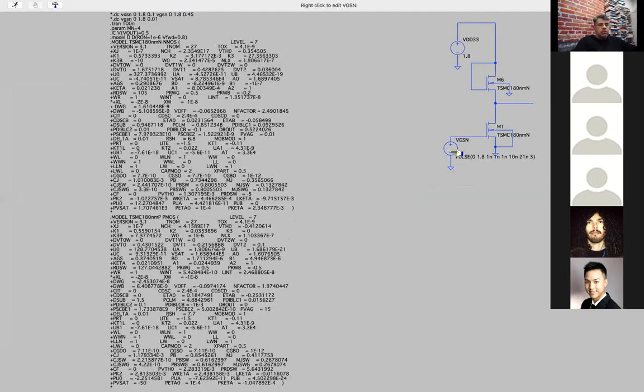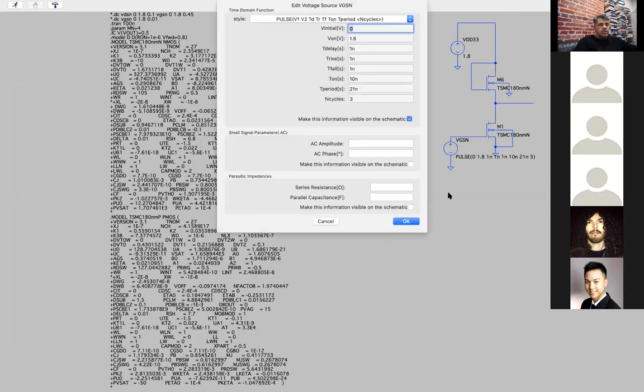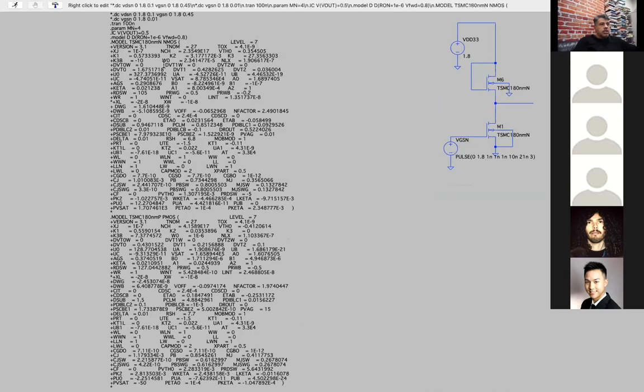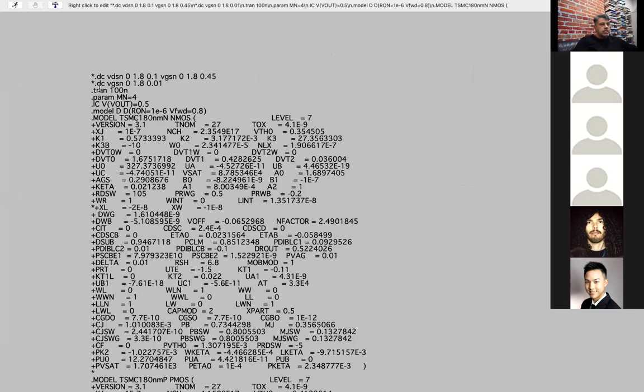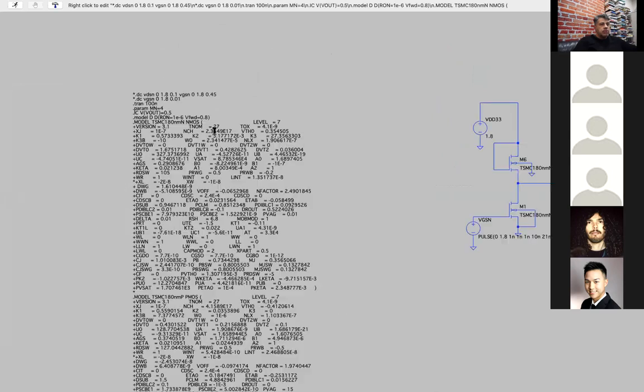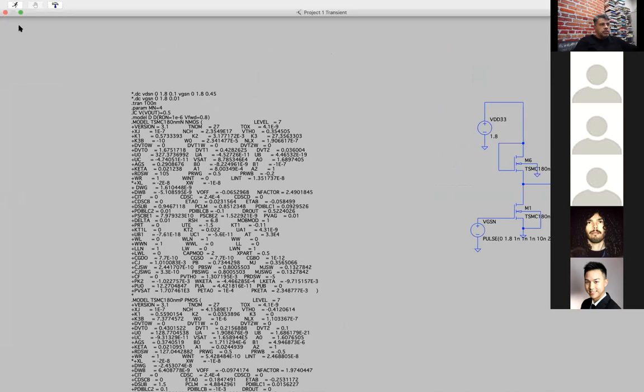All I did was modify the input to be a transient voltage source, put some pulse parameters on it, and then change the analysis type to transient. Okay, so now I'm going to simulate this, and we'll get the output. And then I'm going to put the input on there too.